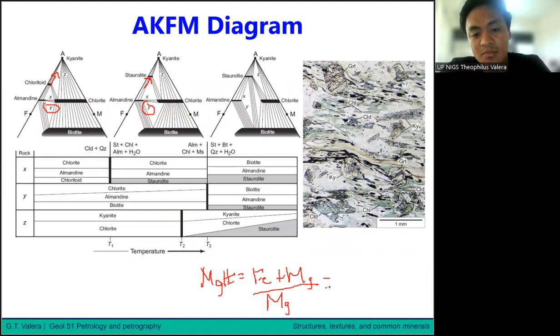So if your magnesium number is 20, ang ibig sabihin lang nun is that 80% yung iron mo more than magnesium. So roughly, nandito yung iyong bulk composition. Okay? O, lagyan na natin dito sa center, dito sa line. So let's say na yan yung bulk composition mo. Eh kung ito yung bulk composition mo, then all these reactions na dinidiscuss natin kanina would not appear sa petrogenetic grid mo. Okay?